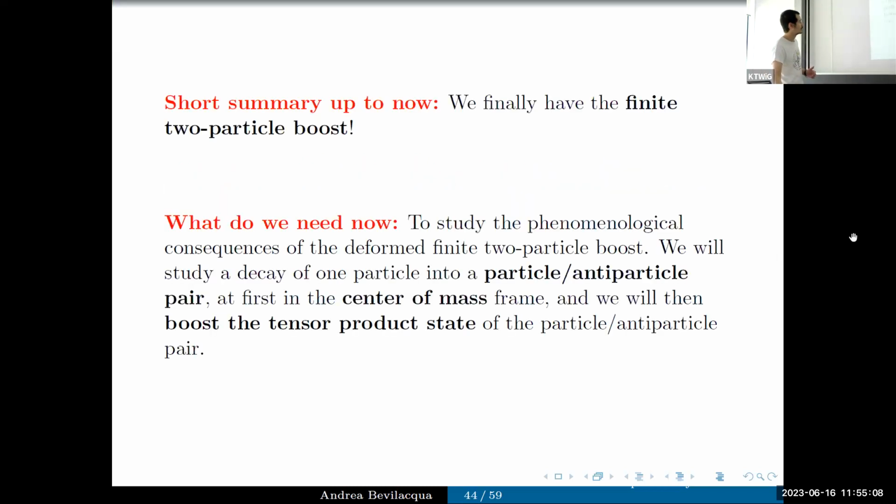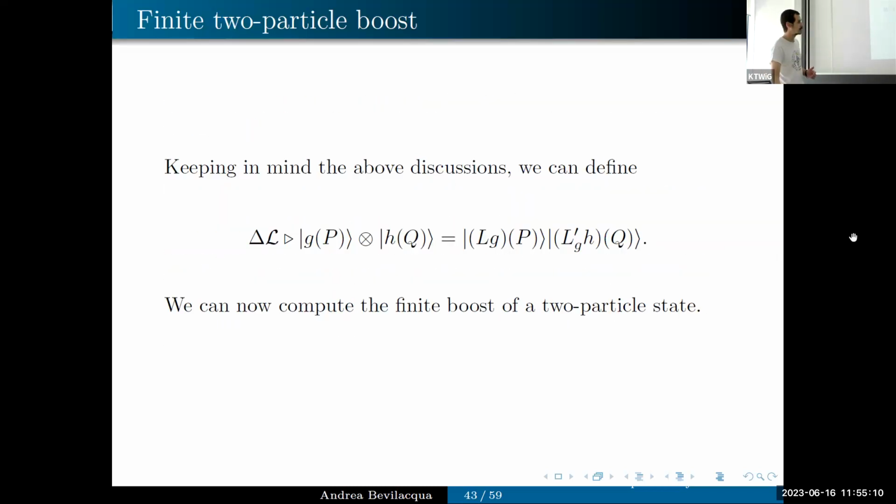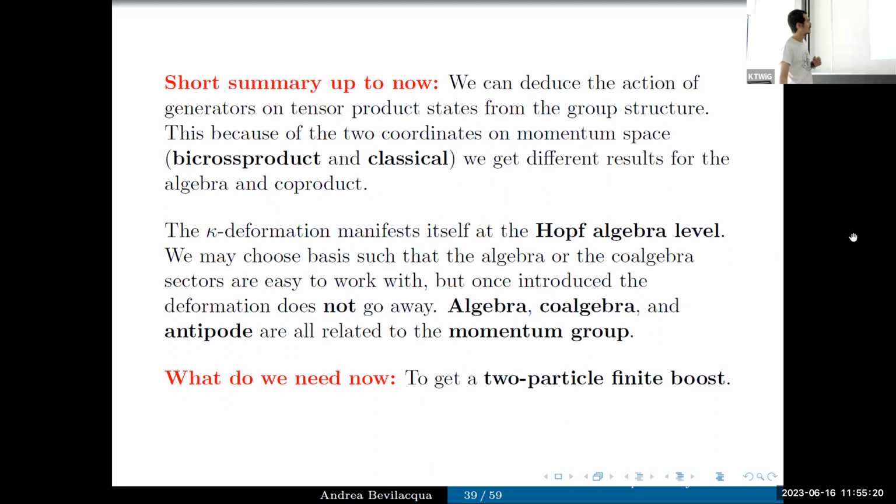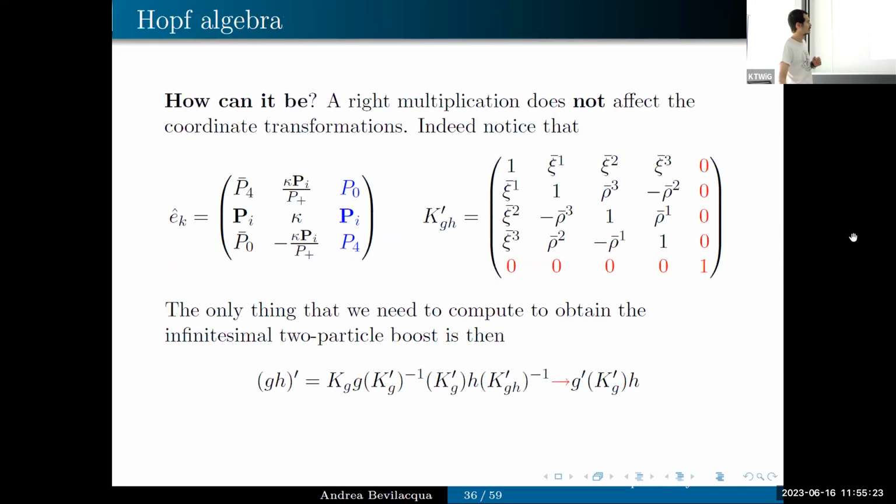Oops, sorry. Yes. What are you asking here? Is it the natural definition? Yes, this is a natural definition because it follows from here, basically.